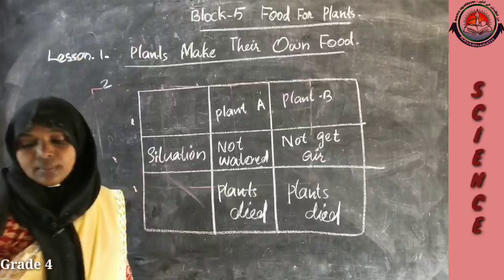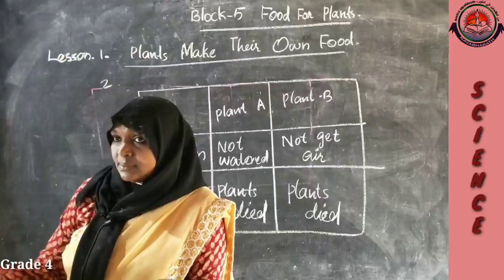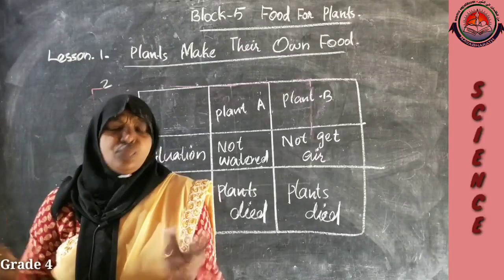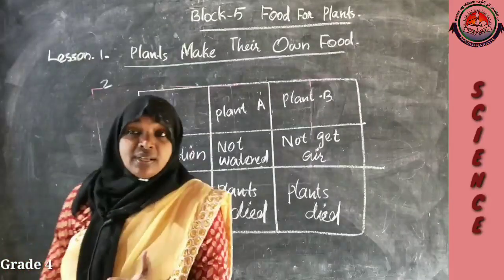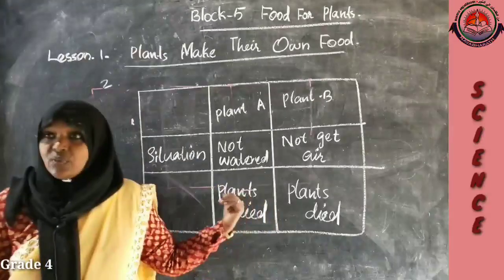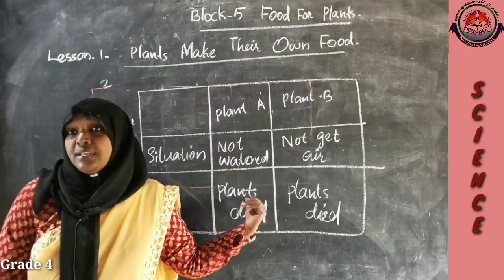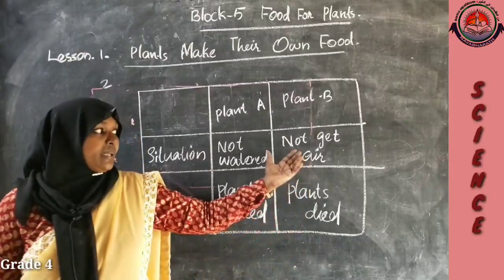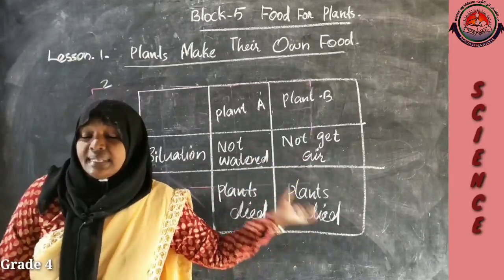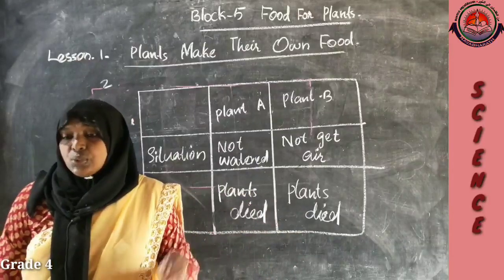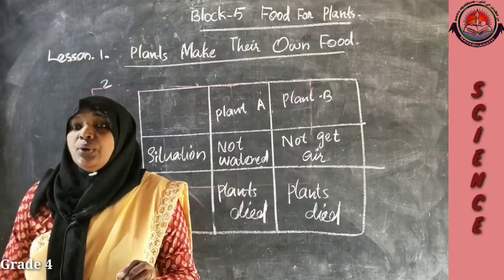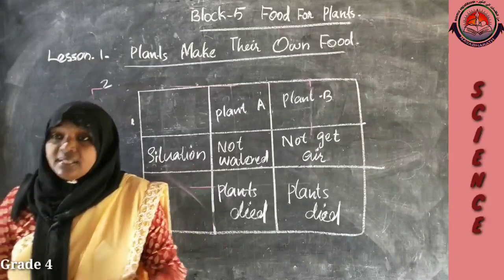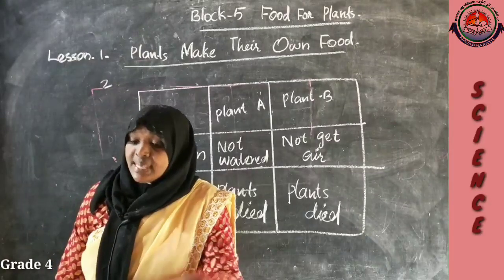Okay. What did you learn? The plant needs something to make its food. First one: the plant didn't get water, so it became weak. Second plant didn't get air, so that also became weak and almost died. Then what did we learn from this experiment?